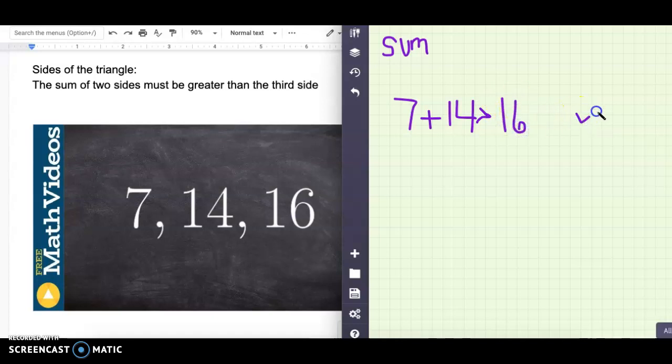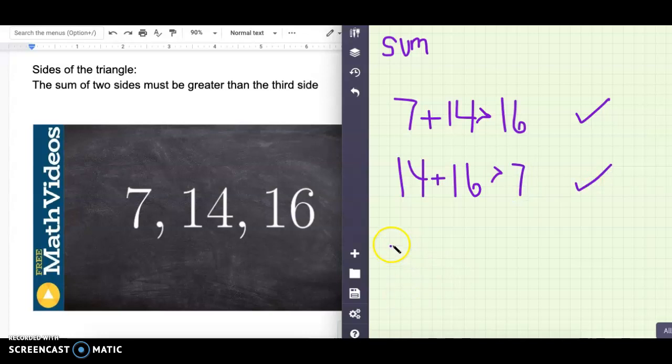So I think that one's good. What about 14 and 16? 14 plus 16. Is it greater than 7? And yes, it is. So that one's good.